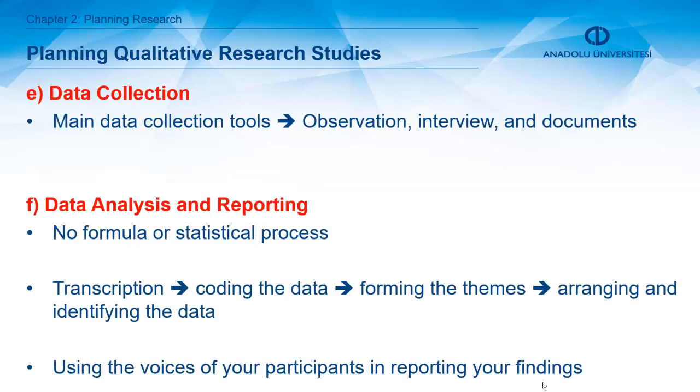And then comes the data collection process. In qualitative research, as you may remember, the main data collection tools include observations, interviews, documents, reflection reports, and diaries. So you collect your data with the help of these tools.